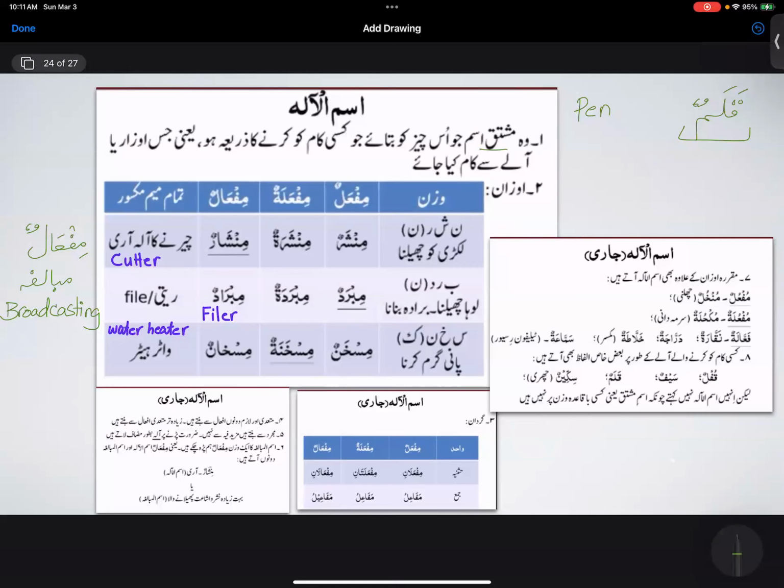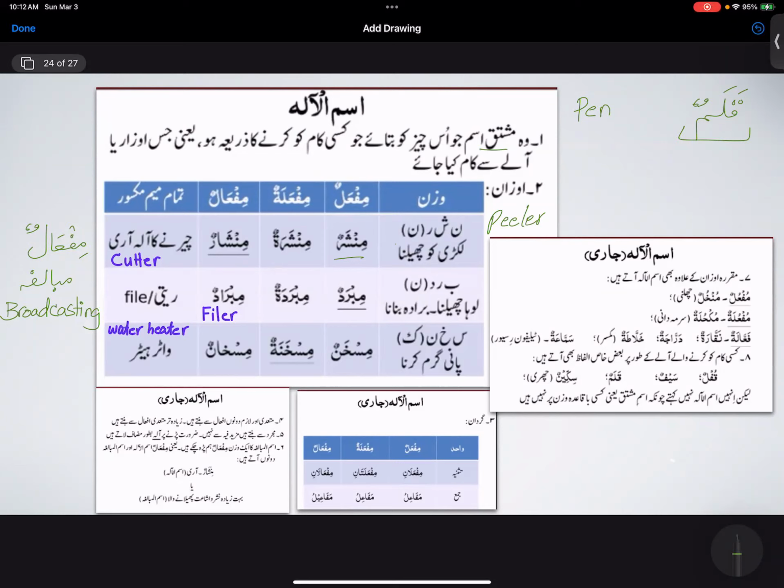Now we are looking at the pattern of ism ala. So mif'alun, mif'alatun, and mif'alun. If we put on the letters nashara, noon, sheen, and ra, nashara, yanshuru. This is bab nasara, and that means peeler, cutter or peeler, right?